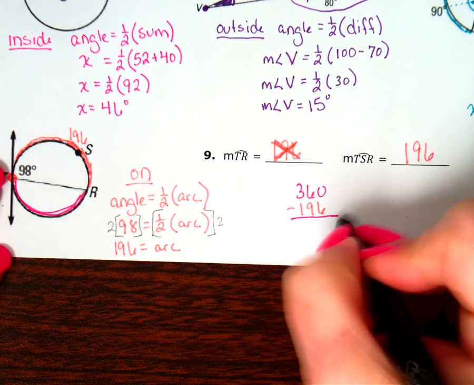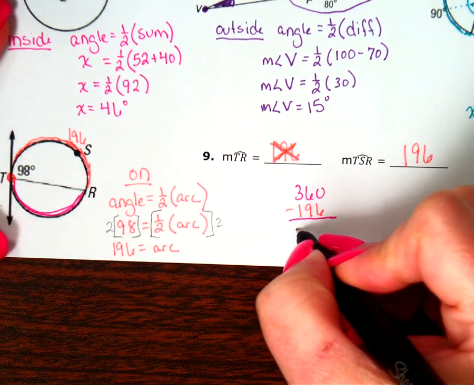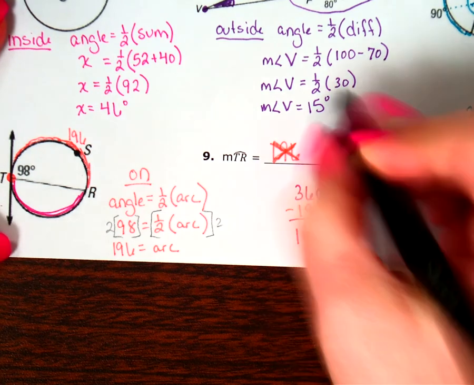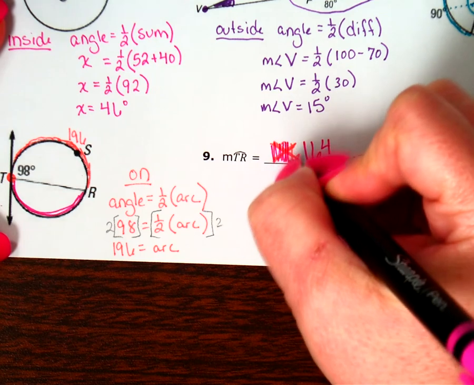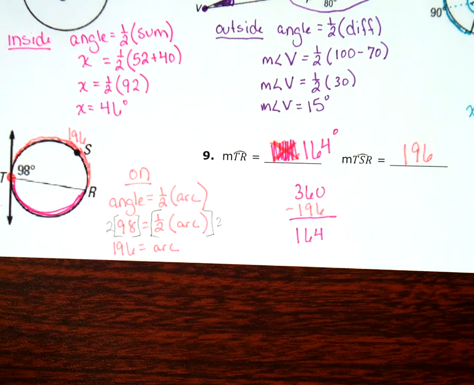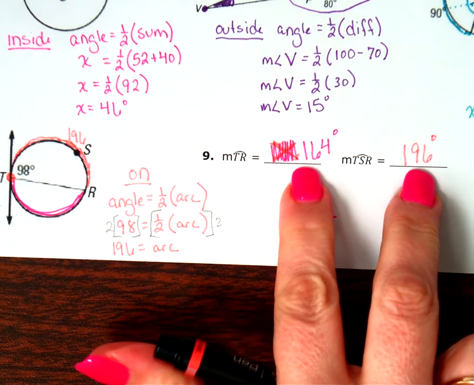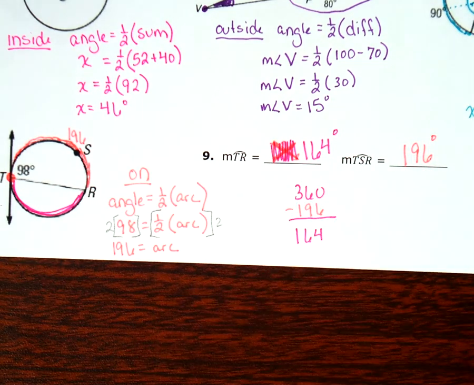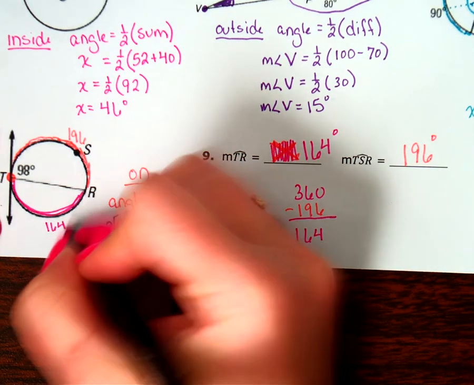So the remaining arc is 360 minus 196, which is 164. Not this 196. Degrees and degrees. So together these make 360 because they're my two arcs. So my 196 and my 164 are my whole circle, 360.